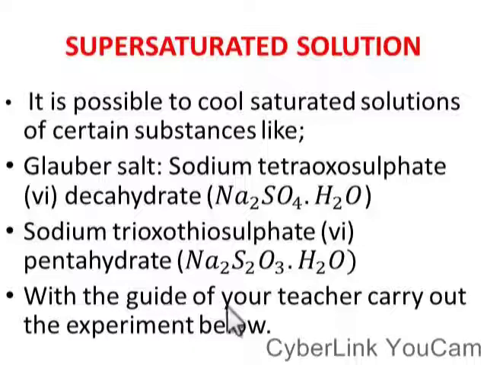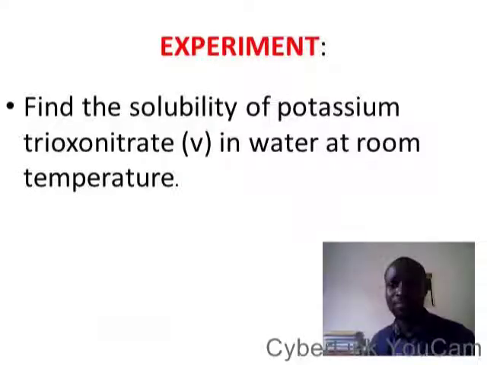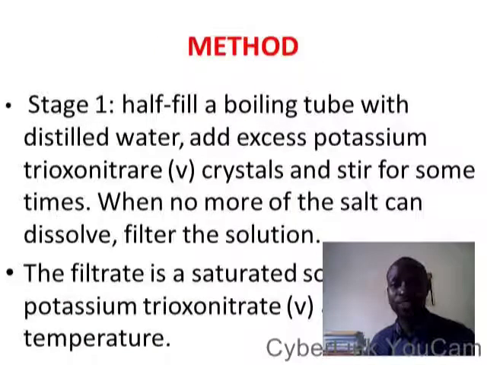With the guidance of your teacher, you can carry out the experiment below. Now look at this. Find the solubility of potassium trioxonitrate(V) at room temperature. Let's go on to the method.